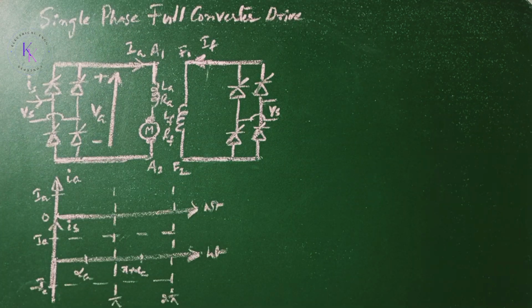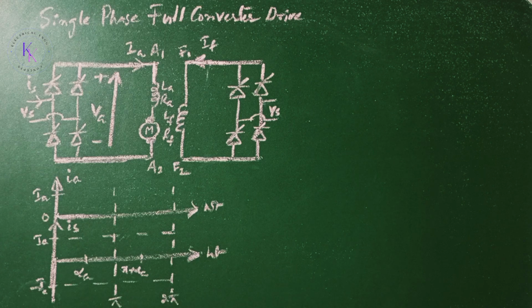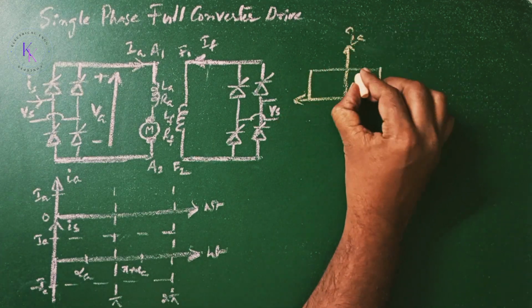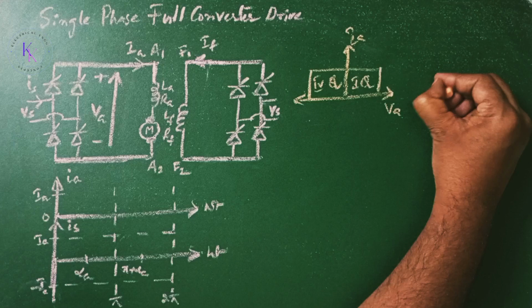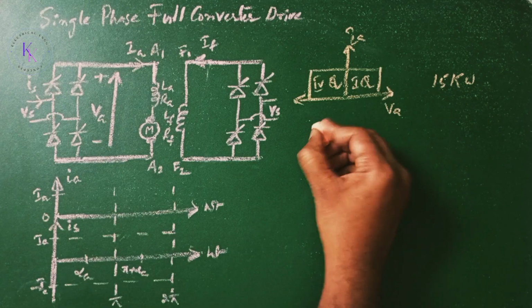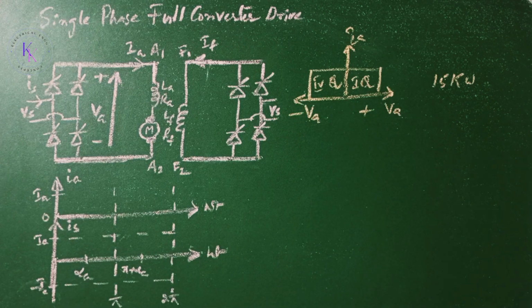Single phase full converter drive. The armature voltage is varied by a single phase full wave converter as shown here in this diagram. It is a two-quadrant drive and is limited to applications up to 15 kilowatts. The armature converter gives a positive VA as well as a negative VA and allows operation in the first and fourth quadrants.